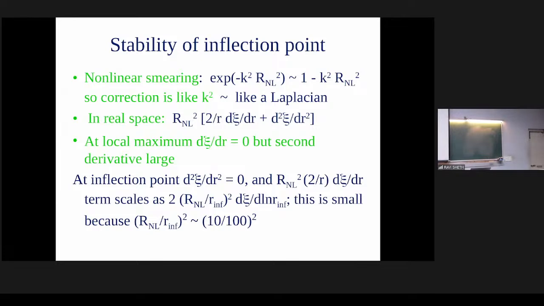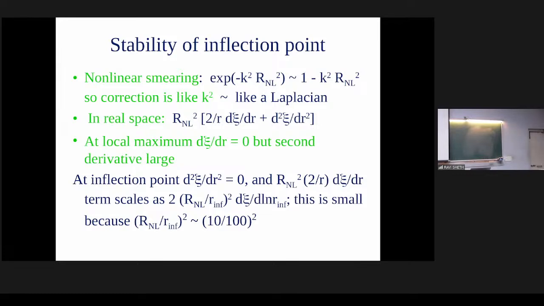But now I can ask, what about the scale where this guy is 0? That's what I call the inflection point. Where this one is 0, this one need not be 0. So now I can try to work out the amplitude of this guy. There's the r squared, then the 2r, the dpsi/dr, I write as dpsi/d ln r with r squared.